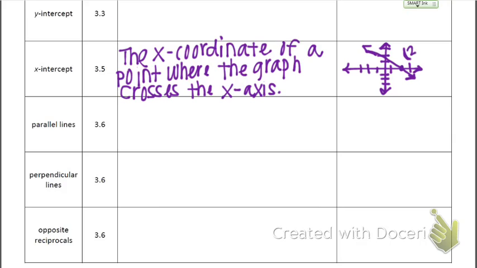It's at 2, comma what? 0. So the x-intercept is going to be right here at 2, comma 0. Now the official definition says that it's just the x-coordinate, so we would say that the x-intercept is what? What's the x-coordinate? 2. So the x-intercept is 2.